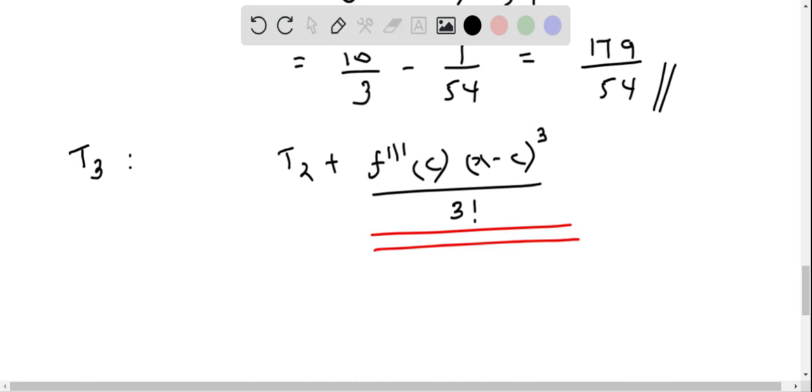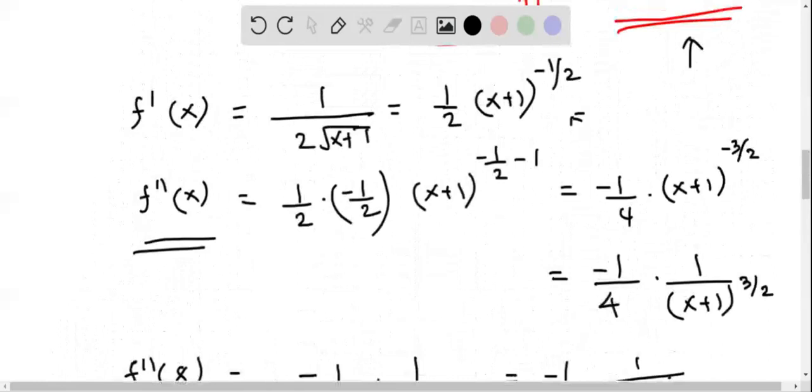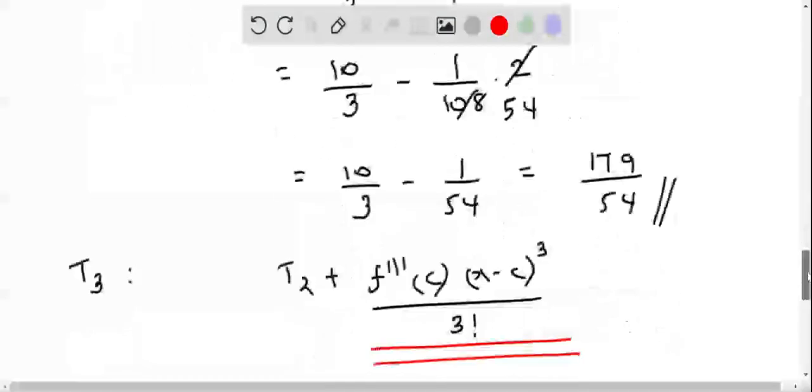So let's do this. We need the third derivative of f of x. So let me write down the second derivative first. F double prime of x, you can copy it from what we have done before. So we have it here. This is our second derivative, that is negative 1/4 x plus 1 raised to the power of 3 by 2.